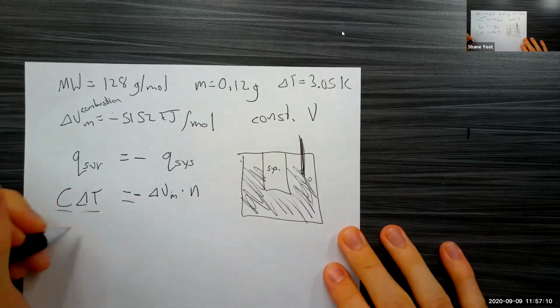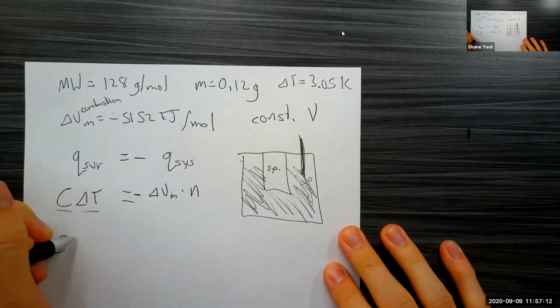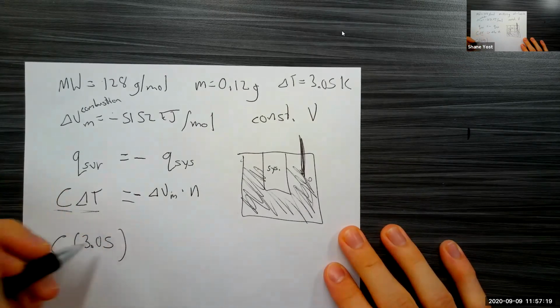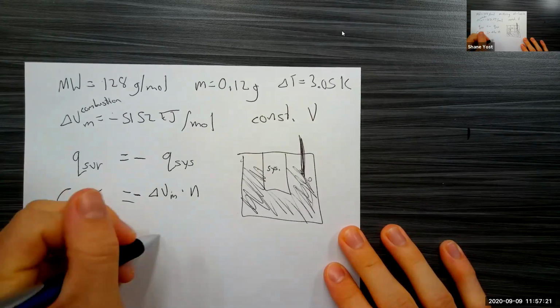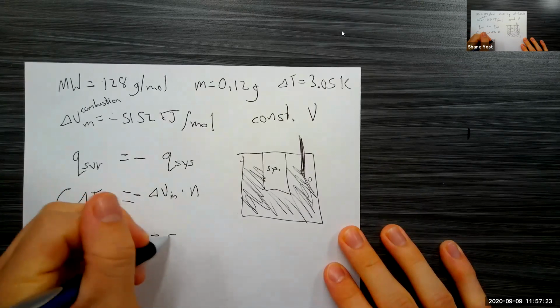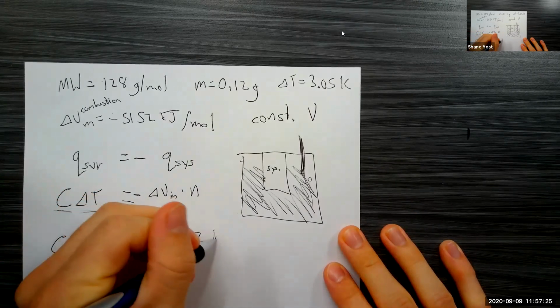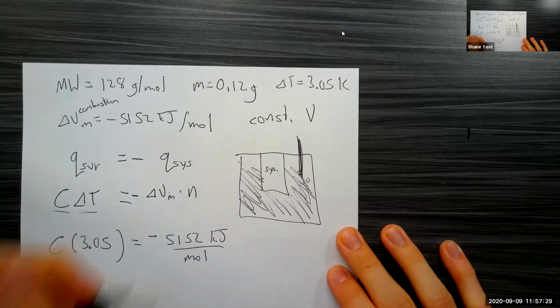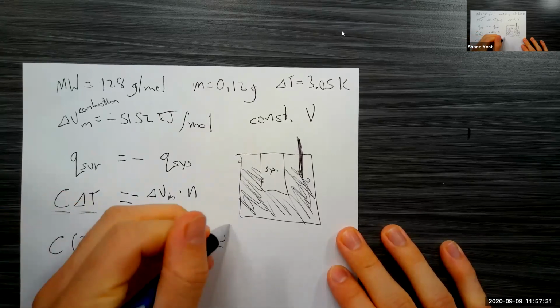And so I'm solving for C. Delta T we're given as 3.05 Kelvin. Delta U is minus 5152 kilojoules per mole. Oh, there's an extra minus sign, sorry.